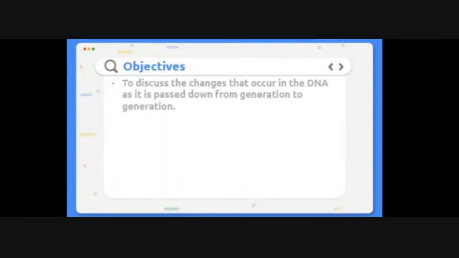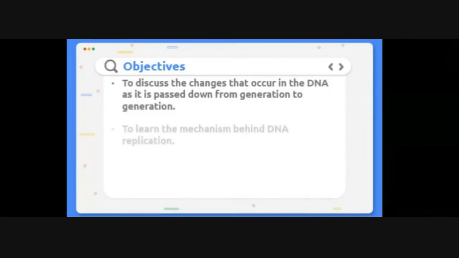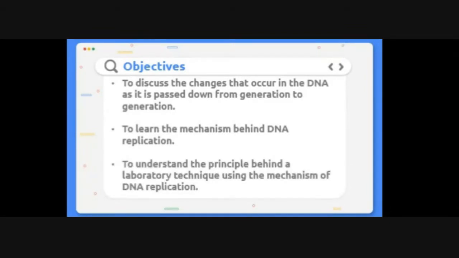So, the objectives for this lecture is to discuss the changes that occur in the DNA as it is passed down from generation to generation. Next, to learn the mechanism behind DNA replication. And lastly, to understand the principle behind a laboratory technique using the mechanism of DNA replication.